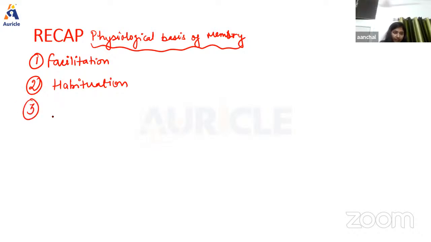Now, third, we have basis for short-term memory. So the basic mechanism of short-term memory is the development of new neuronal circuits by the formation of new synapses and facilitation of synaptic transmission. And also it involves an increase in number and size of presynaptic terminals.